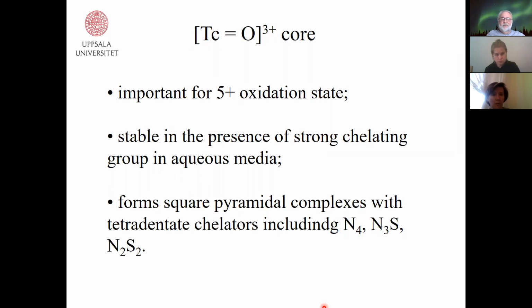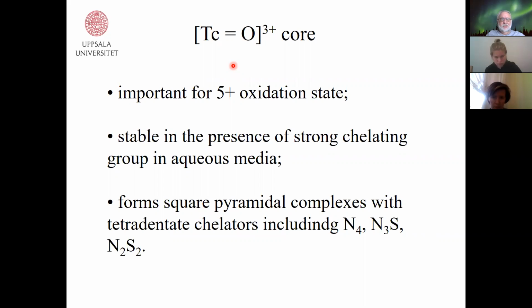We will discuss a few cores, and we will briefly discuss well-known and established radiopharmaceuticals, as well as a little bit about our research in technetium chemistry. So one of the workhorses in nuclear medicine is the technetium oxo core, having 3 positive charges.